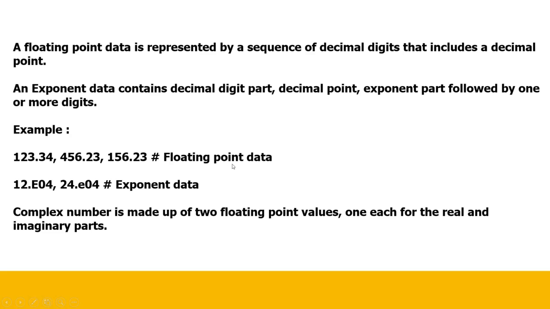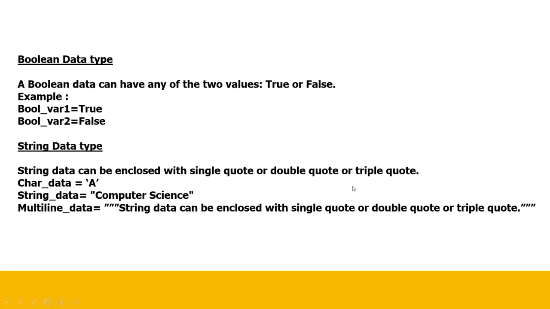All these are floating point data. Exponent data: 12.E04, 24.E04. E always represents exponent data. A complex number is made up of two floating point values, one each for the real and imaginary part, the integer part and a decimal part.